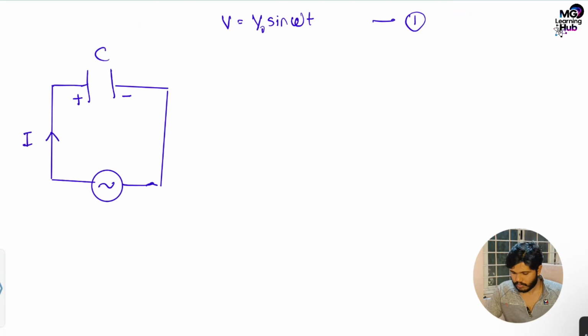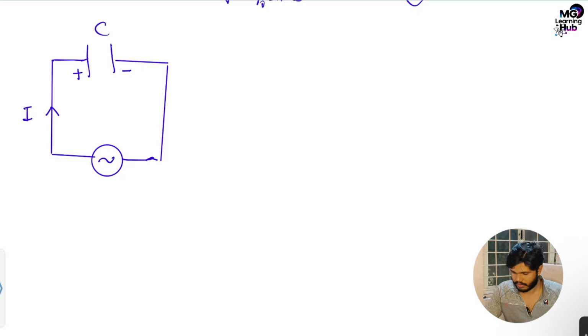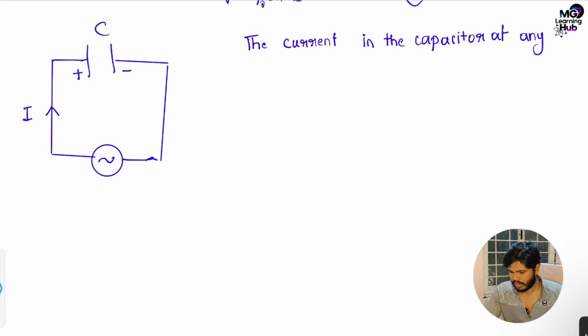Now the current in the capacitor at any instant is I is equal to dq by dt.